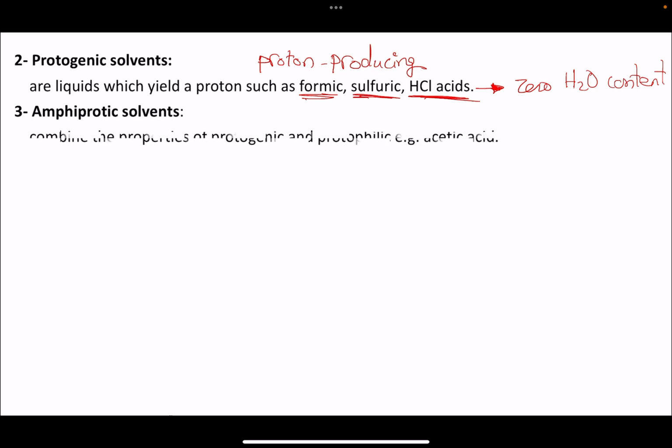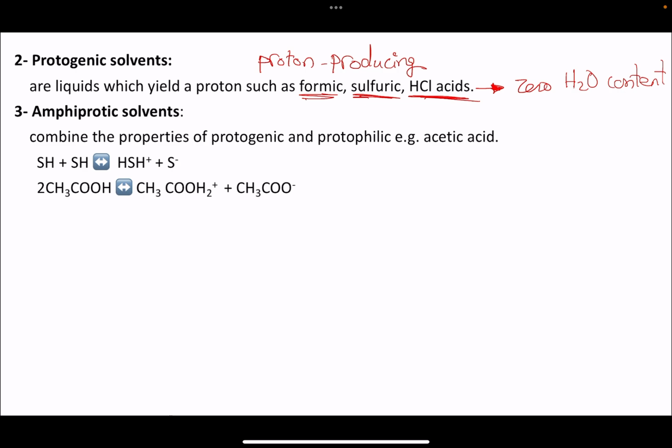The third type of solvents is the amphiprotic solvents. They can do both actions. They possess both properties. So they have protogenic and protophilic properties, such as acetic acid. Acetic acid can act as an acid and can act as a base. It can act as a protophilic or a protogenic.